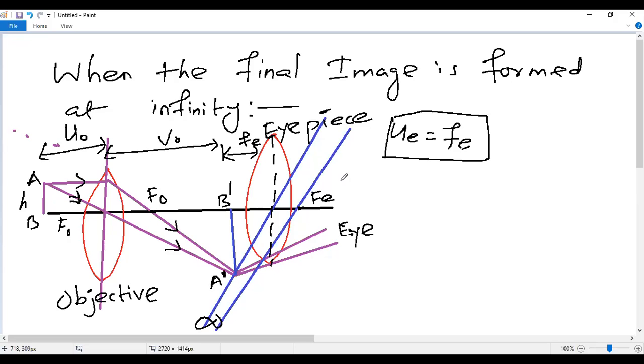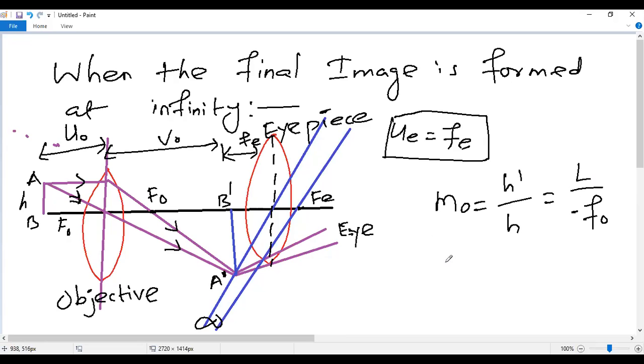The magnifying power M formula. M naught for the objective, M naught equal to H dash divided by H. Then we will get L by f naught, minus f naught.